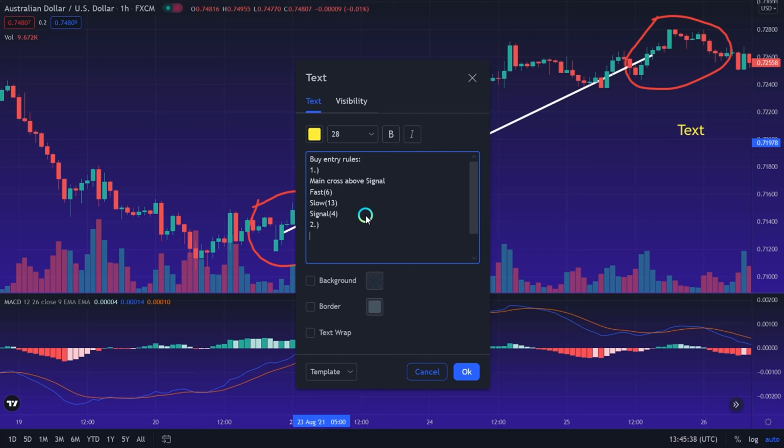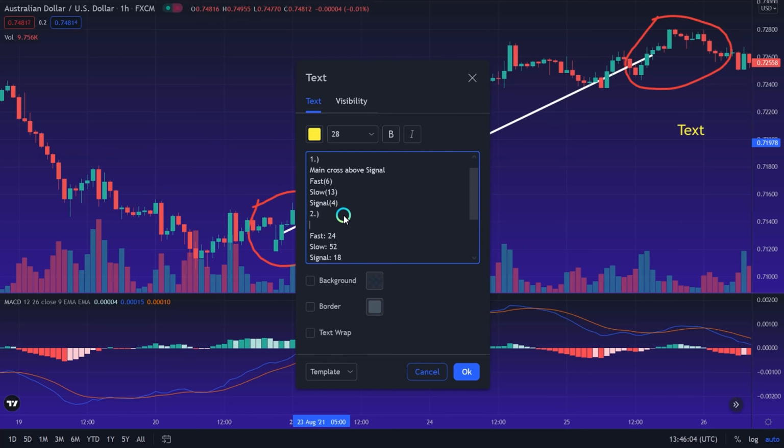So we have a fast that is 24, we have a slow that is 52, and we have a signal that is 18.